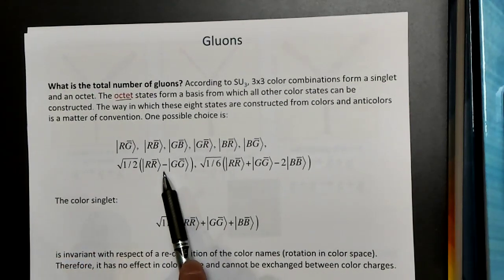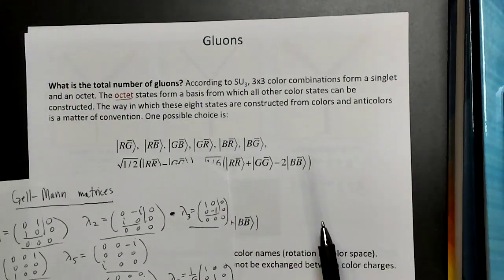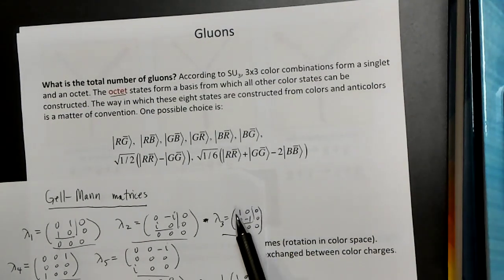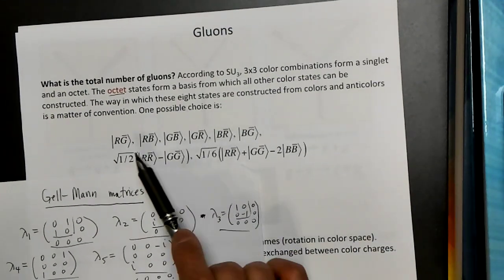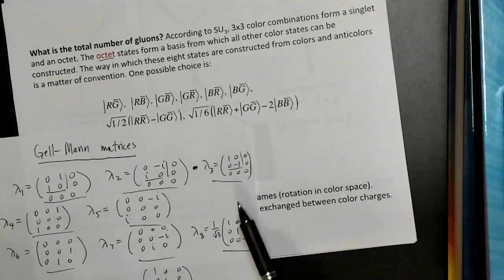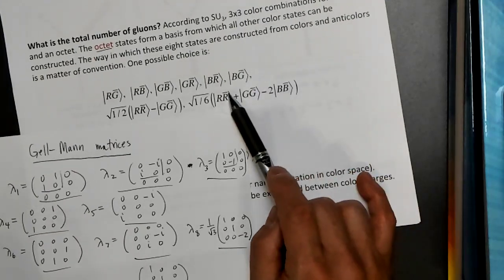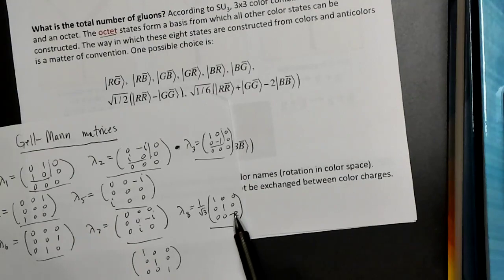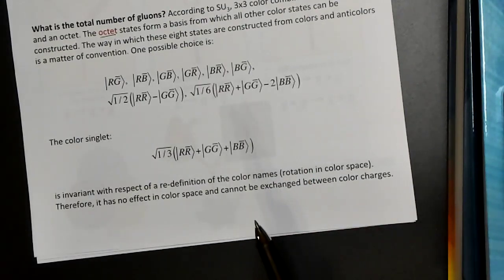Then we have these interesting diagonal combinations: red with anti-red minus green with anti-green, and red with anti-red plus green with anti-green minus 2 times blue with anti-blue.